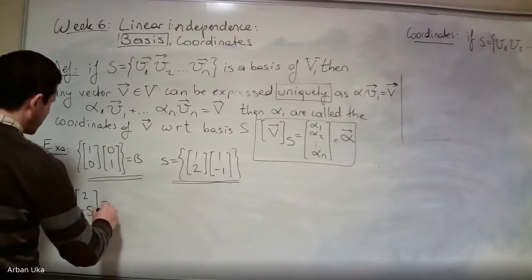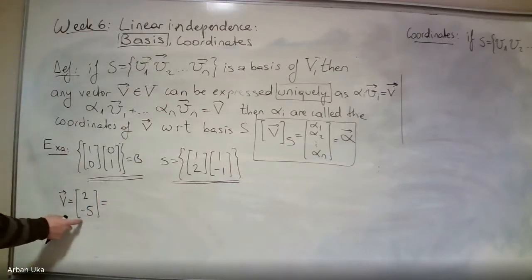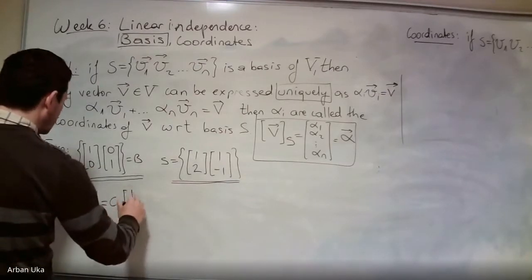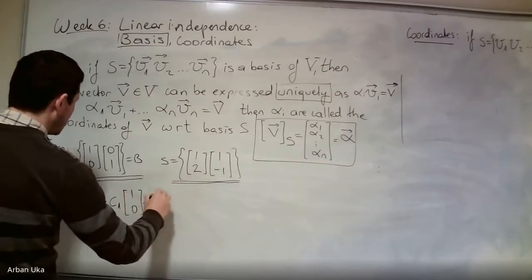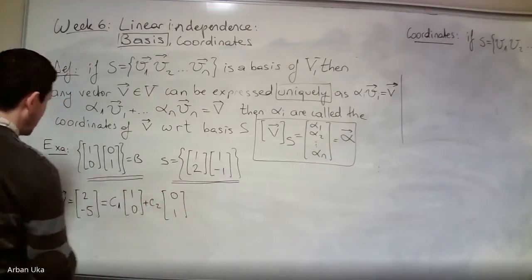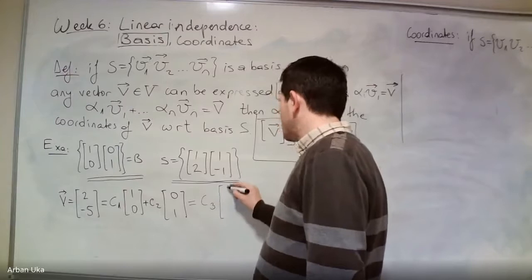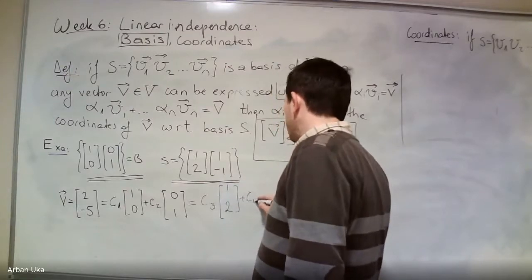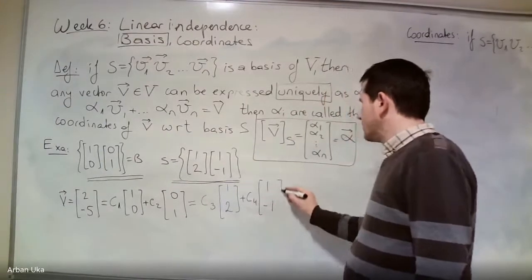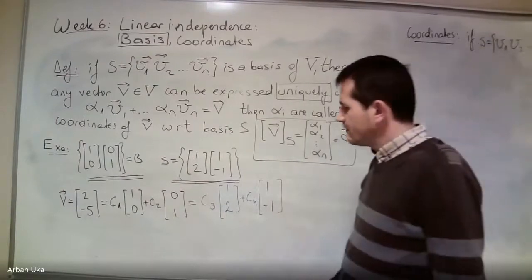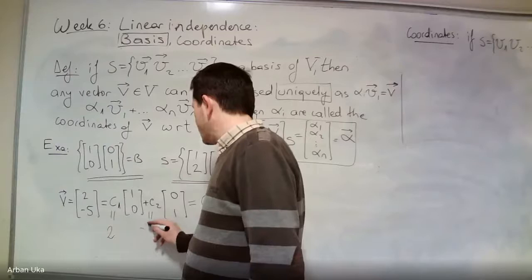We want to represent this vector in terms of these bases, which means we want C1 times (1, 0) plus C2 times (0, 1), and at the same time this is equal to C3 times (1, 2) plus C4 times (1, -1). What are C1 and C2? C1 is equal to 2 and C2 is equal to -5.